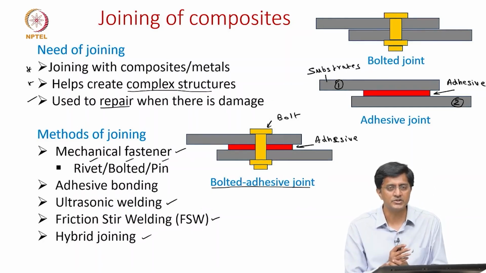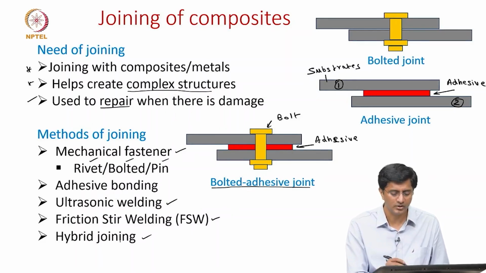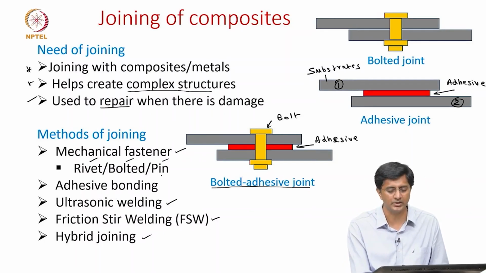Because in some instances, though we know the adhesive bonds are really good for composite structures, sometimes it is better to go with a strategy which is more reliable to be fail safe. So in those instances, we go with this hybrid joining where, for example, here we are showing bolt and adhesive, but it could also be any of these, like rivet plus adhesive or pin plus adhesive joints.